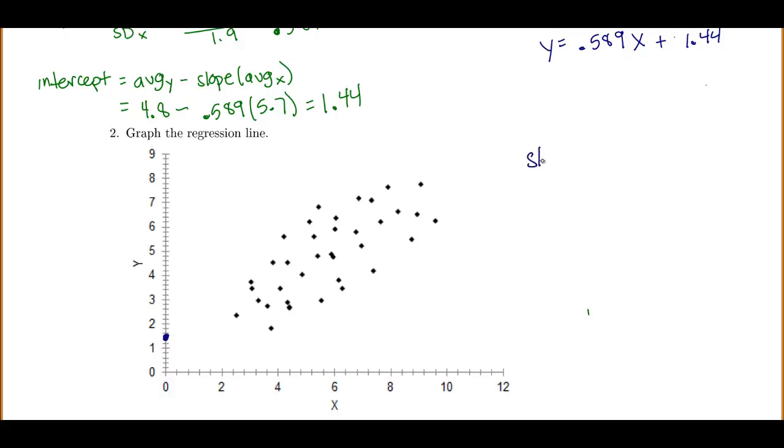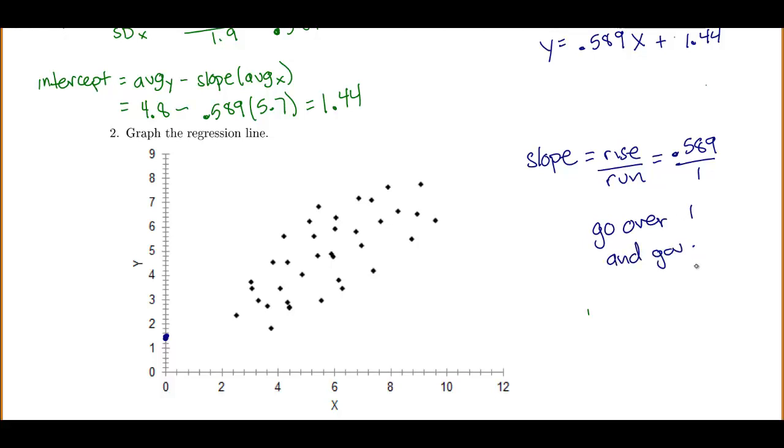Then my slope, that's the higher part, so my slope is rise over run. So my slope is 0.589. That doesn't look like a fraction, but I could just write that over 1, and now it's a fraction. So this means I'm going to go over 1 and go up 0.589.